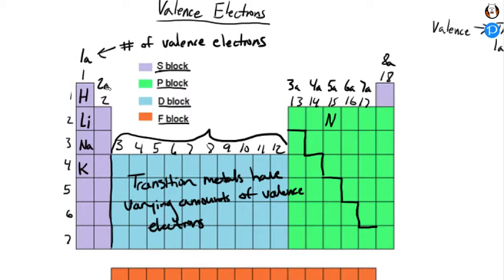Same thing for group 2 here. So here we would have beryllium, magnesium, and calcium. All of those elements in group 2 have two valence electrons, two outer shell electrons. And same thing for these groups over here.